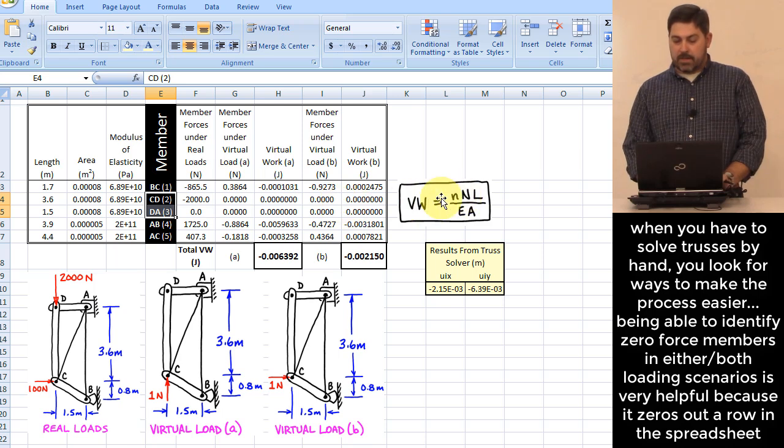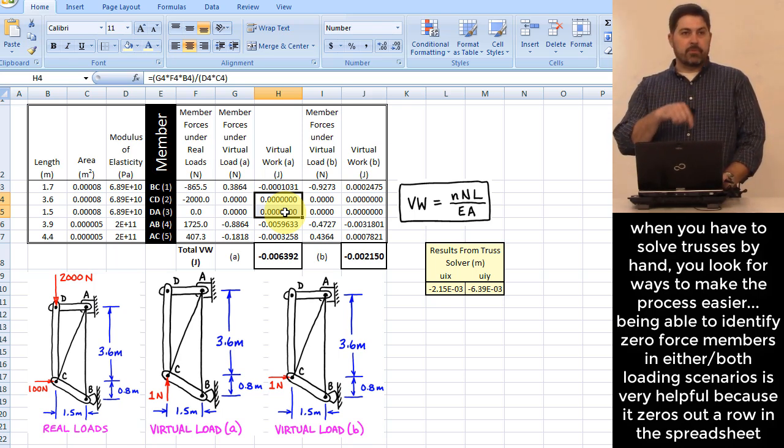Those are going to be the lowercase n values. It's going to get multiplied in here and end up adding nothing as far as the virtual work. If you see that early on in a problem that you're working by hand, it sometimes prevents you from having to solve for some of the loads in some of your members. Does that make sense?